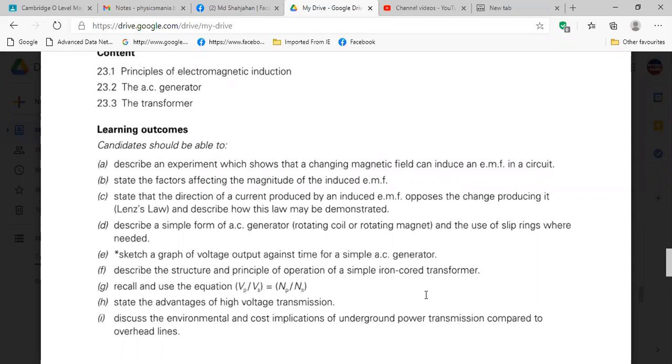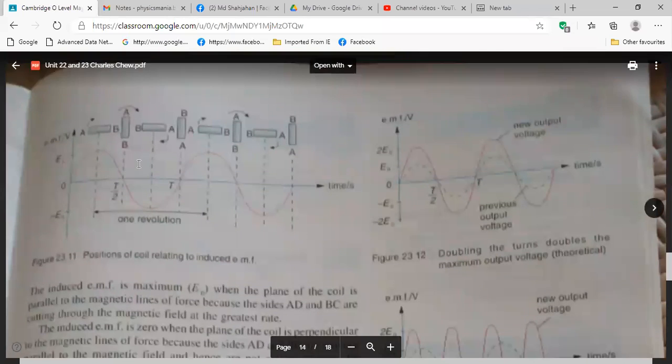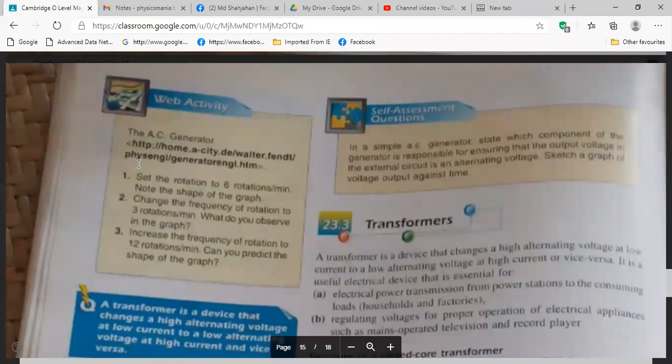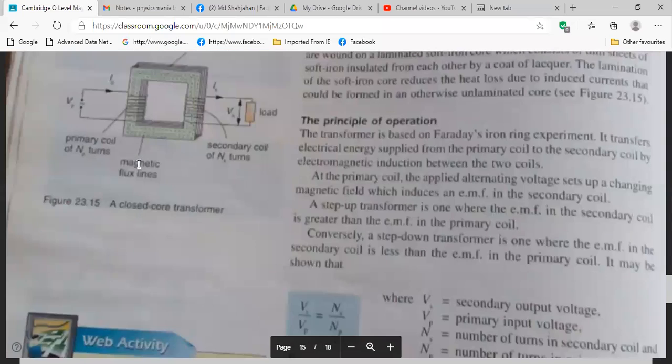Have you read this whole unit from your textbook? Not the whole one. Okay, you already understood from AC till AC generator, so we don't need that now. You just read the transformer part. I am not giving you that much homework. Just read from the transformer part as much as possible.